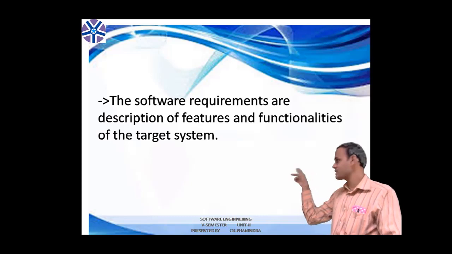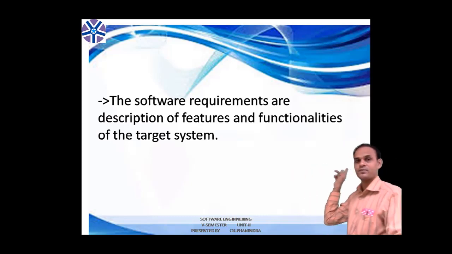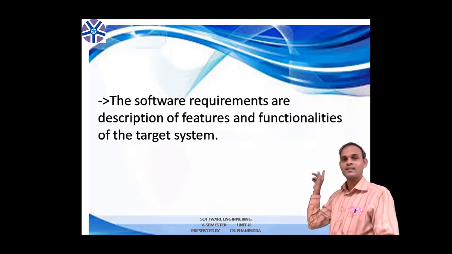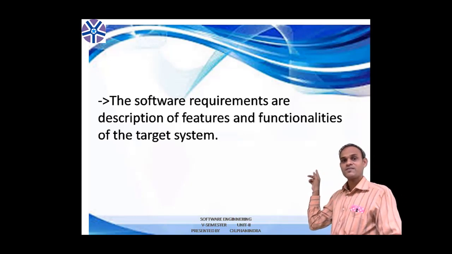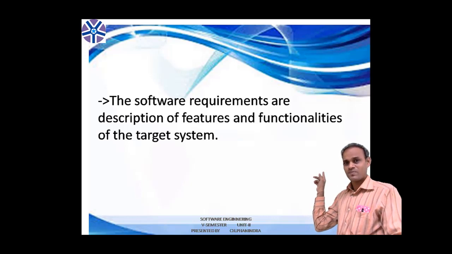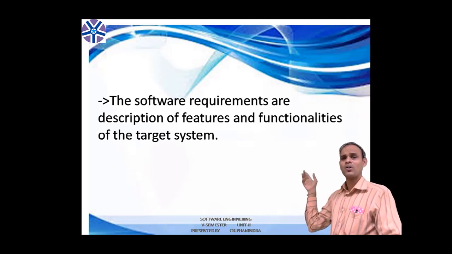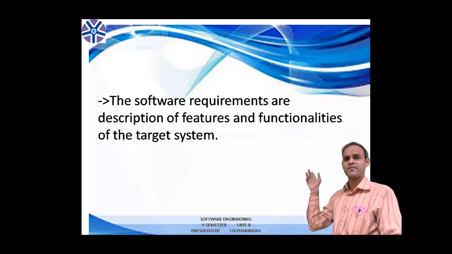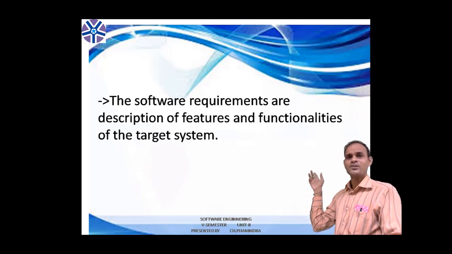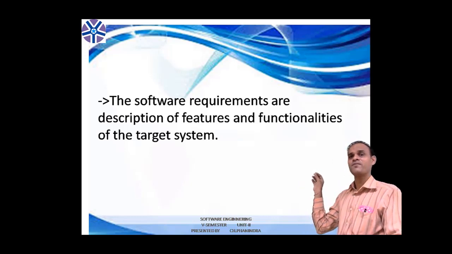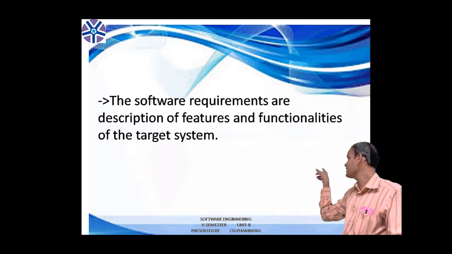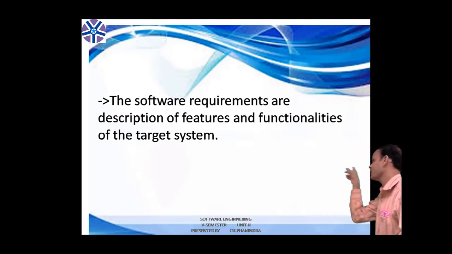Requirements tell the expectations of the users from the software product, known or unknown, expected or unexpected, from the client's point of view. So the simple definition: software requirements are a description of the features and functionalities of the desired system, called the target system.